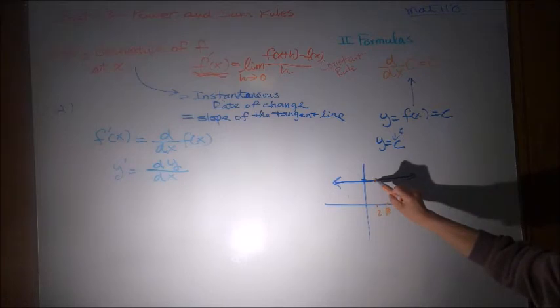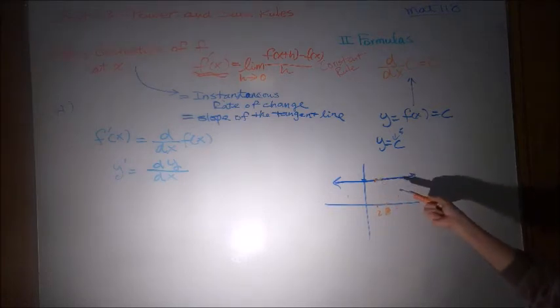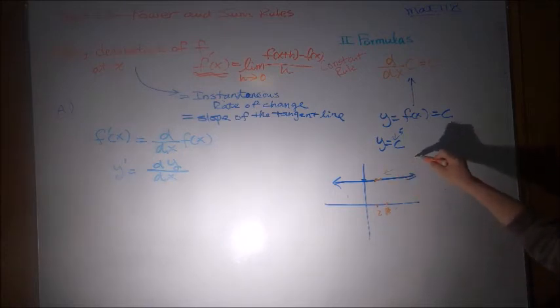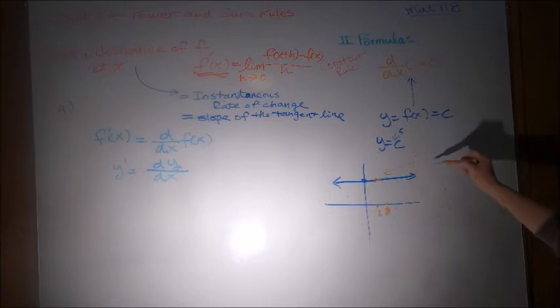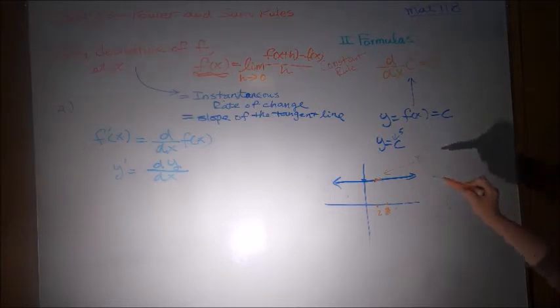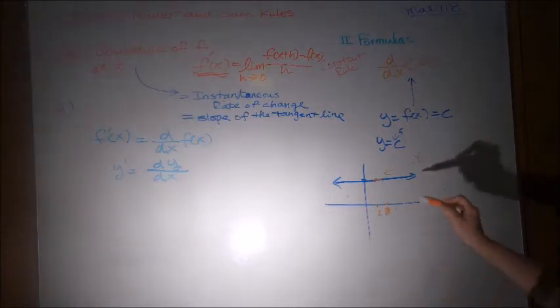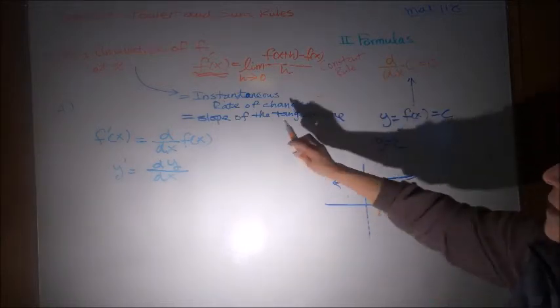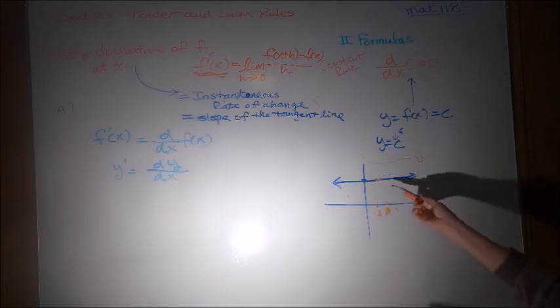From this point to the next point, is it going to change? It's not. So the instantaneous rate of change will be 0. At the same time, if we look at the slope of the tangent line, what do you think the slope is?